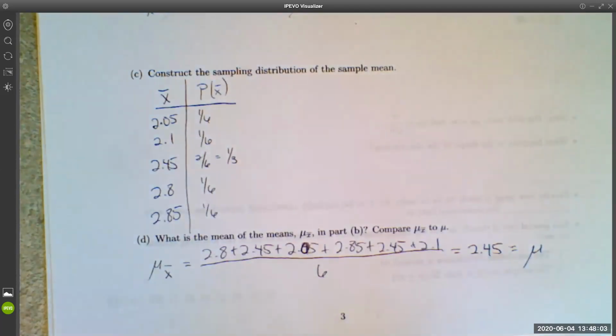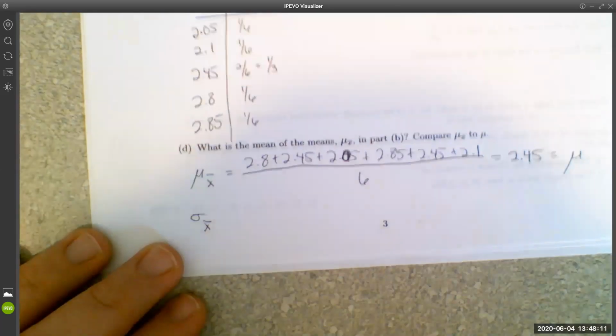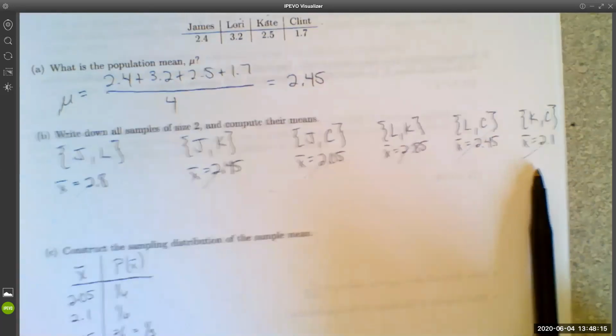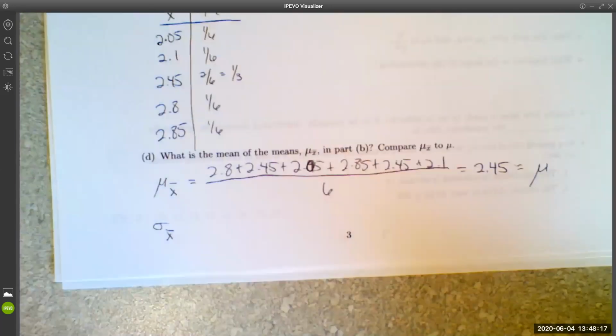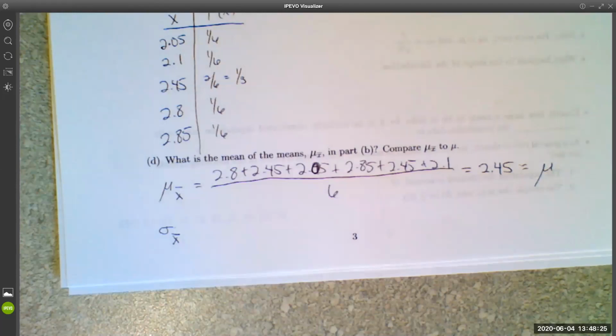This is always true. Now, we weren't asked to do this, but we could look at the standard deviation of the sample means. We could get that pretty easily if we just inputted these into StatCrunch and then computed the standard deviation. I'm not going to do that, but if we were to do that, we would find that we would get the same standard deviation as the population standard deviation divided by the square root of n.